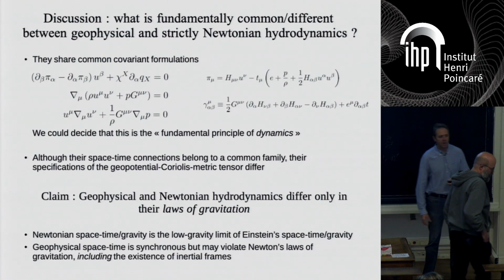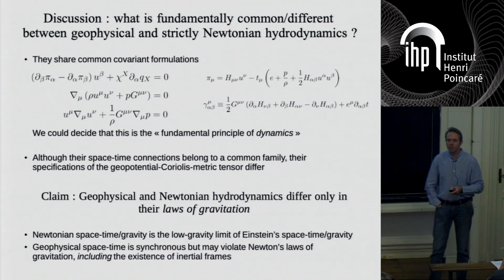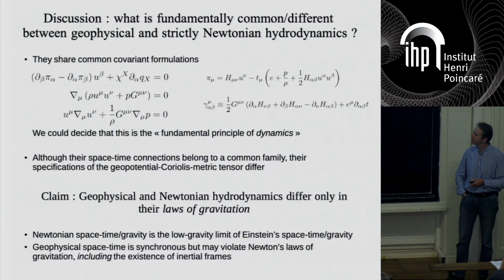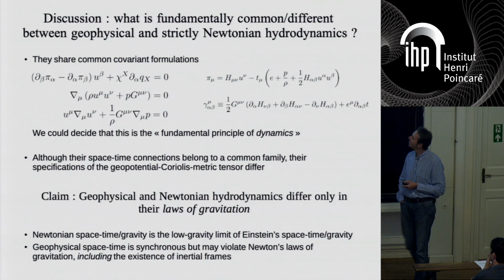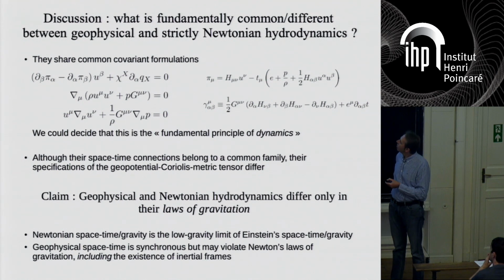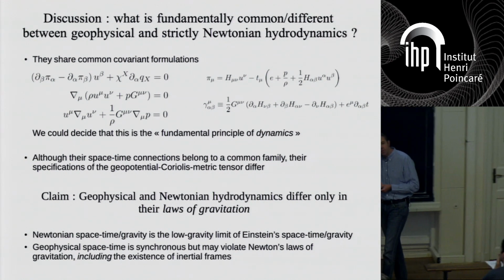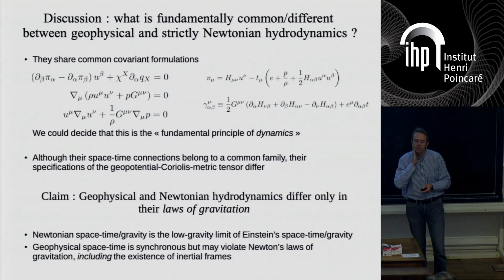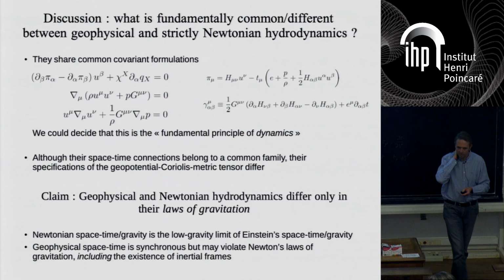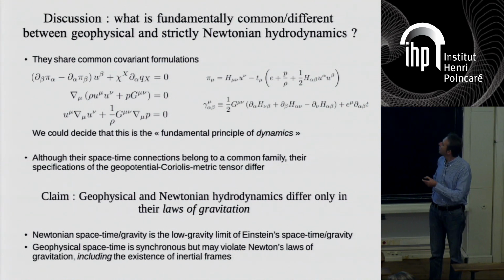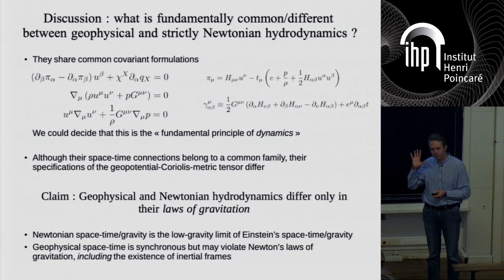Okay, so that leads me to my final slide, where I will provide my answer to the question. What is really common and what is different between Newtonian hydrodynamics and geophysical hydrodynamics? I would argue that fundamentally the structure of the equations of motion is really the same.